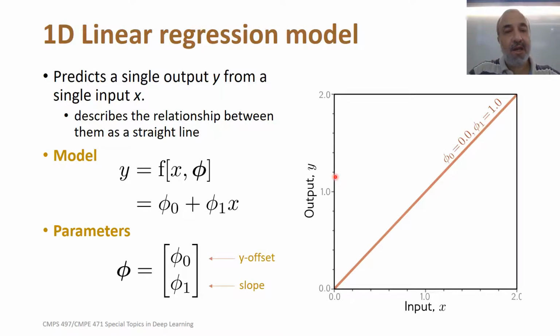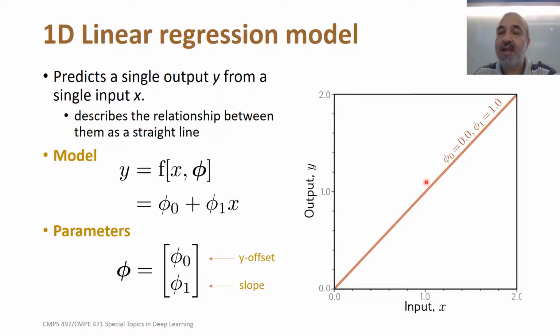So the model is, as I said, just an equation, a linear equation. And an equation of a line, how many parameters do we have? Just two, right? The intercept with the y-axis and the slope. So the parameters are two, phi 0, which is the y-offset or y-intercept, and phi 1, which is the slope.